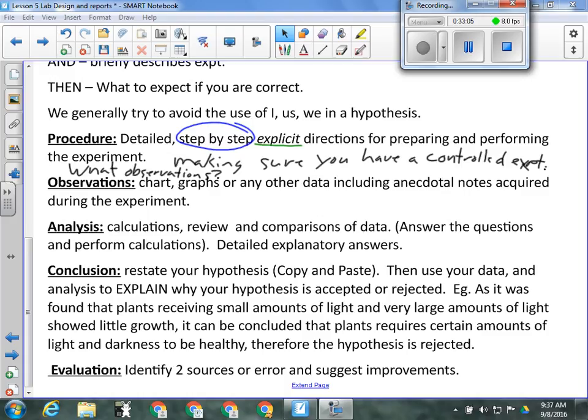Okay? What people unfortunately do is they write something like this. I screwed up step 5. You did? And you didn't go back and fix it? You just screwed it up and kept going? Like, what the hell? Who runs an experiment like that?